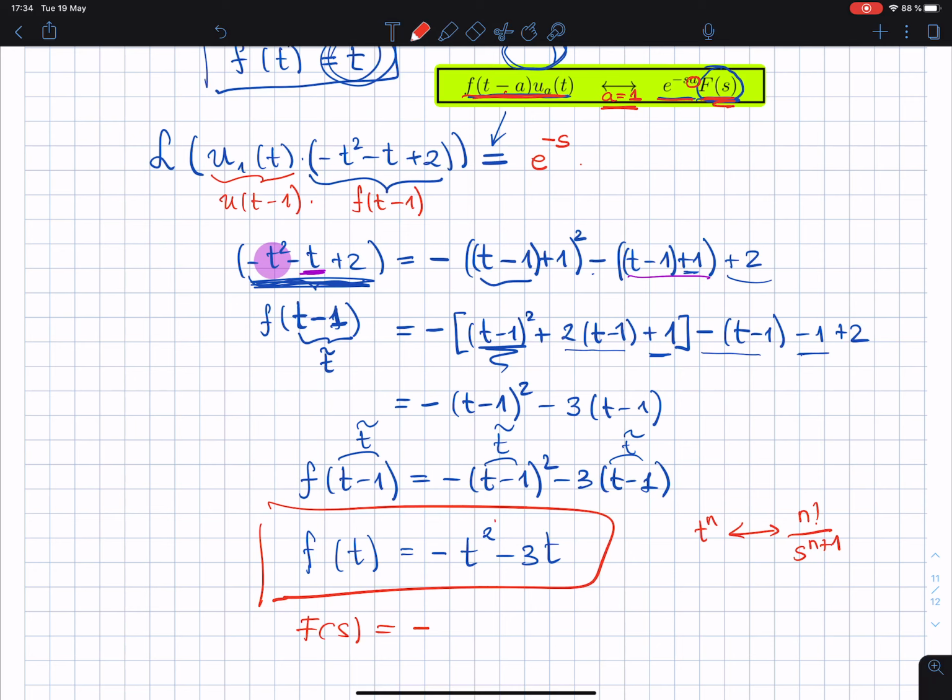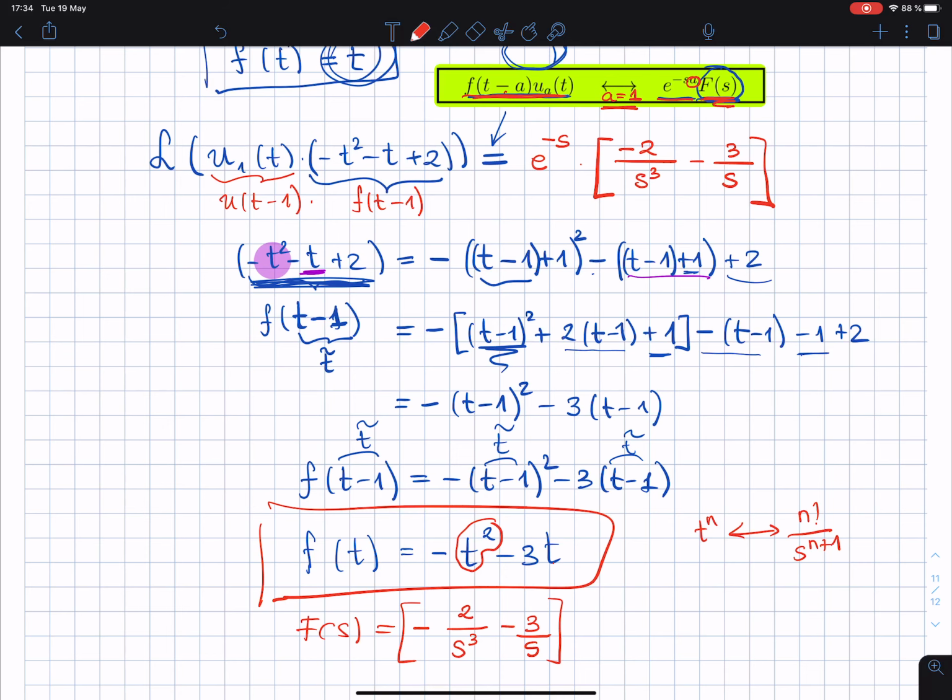So in this specific case, for t squared, we have 2 factorial over s to the power 3, minus 3 times 1 over s, which is the Laplace transform of t. So this is what we will write here. Minus 2 divided by s to the power 3 minus 3 times 1 divided by s.